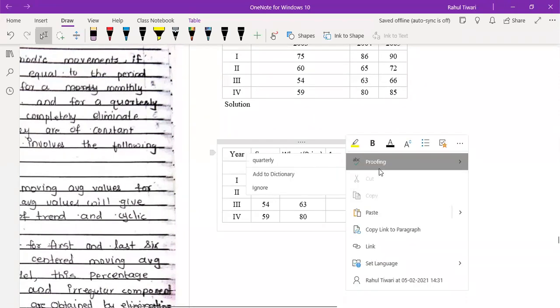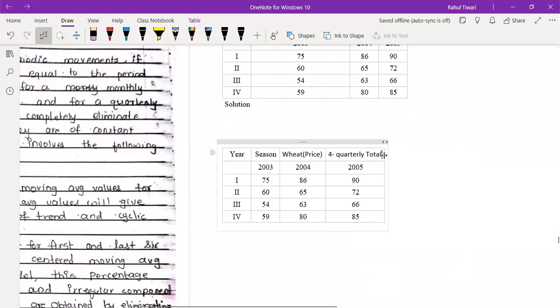And the next one, once you obtain the quarterly total, you can find out the quarterly average.